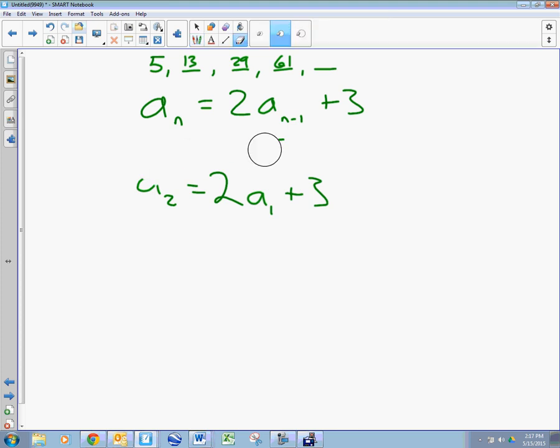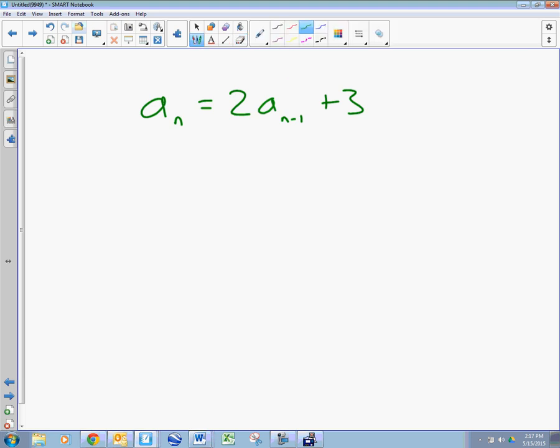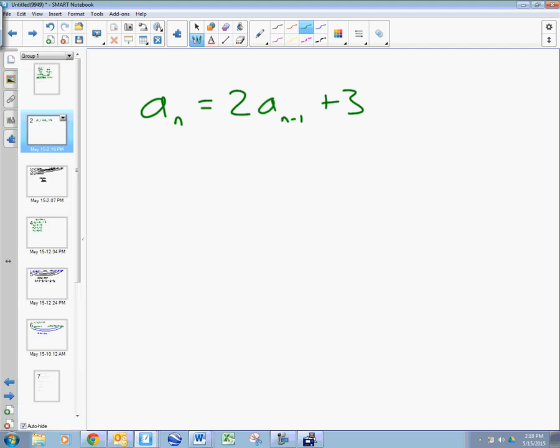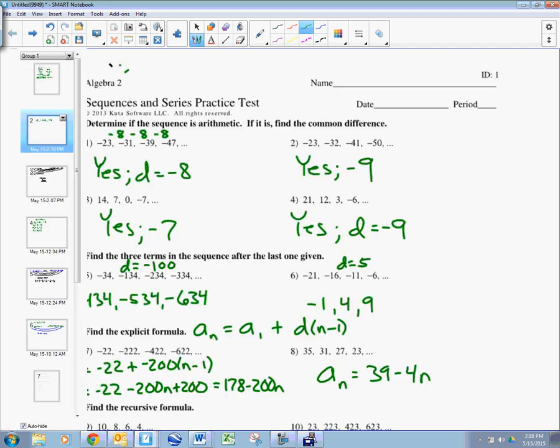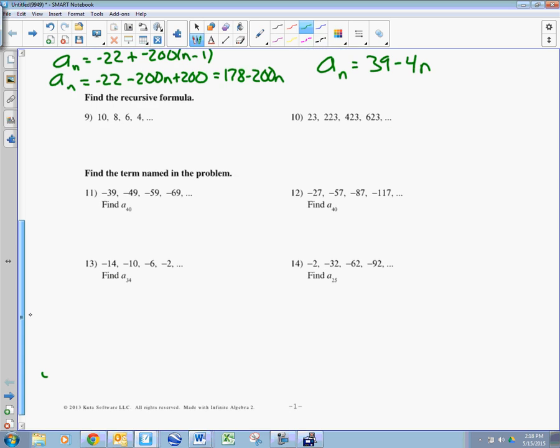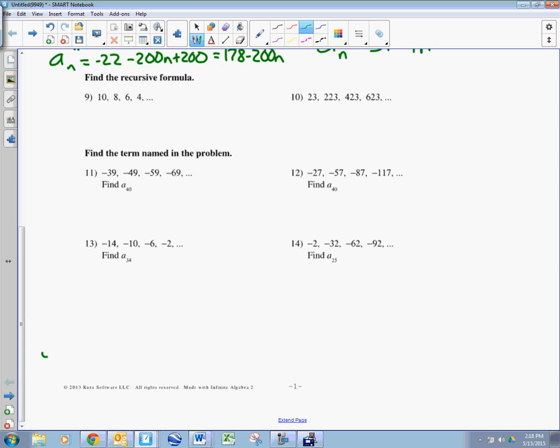Like if I just gave you this, it's like, okay, so I know I take 2 times something, but I don't know what that something is, right? I have no idea. So in this situation, I want to write a recursive formula. So what do I do to the previous term each time? I subtract 2.